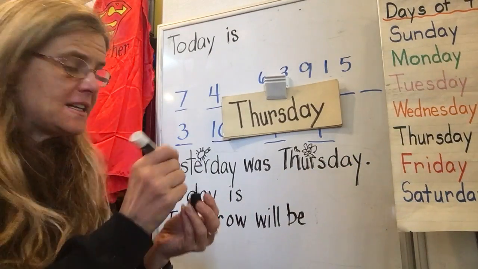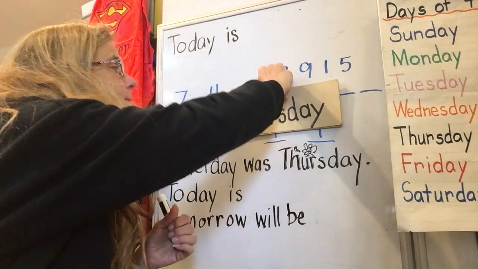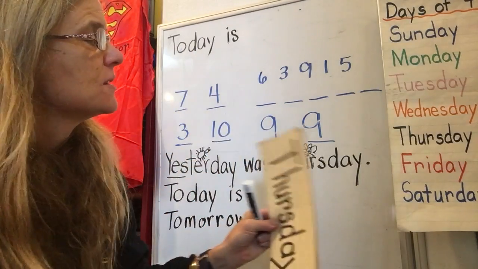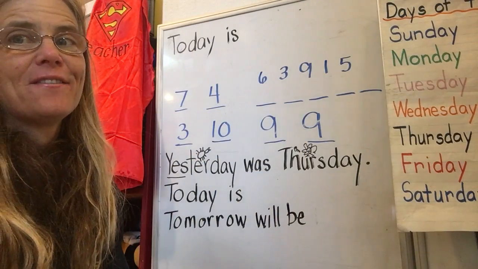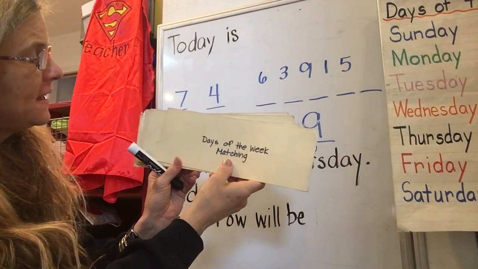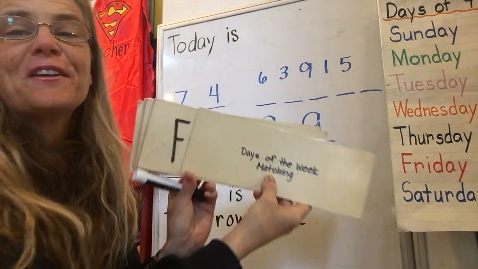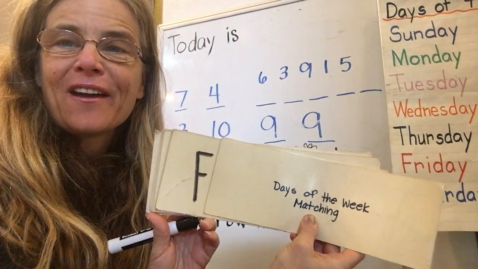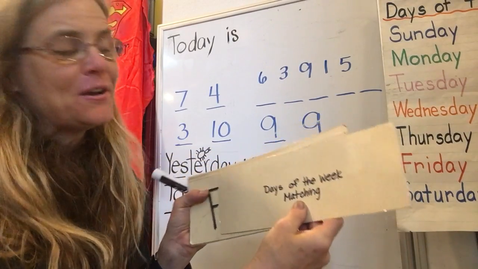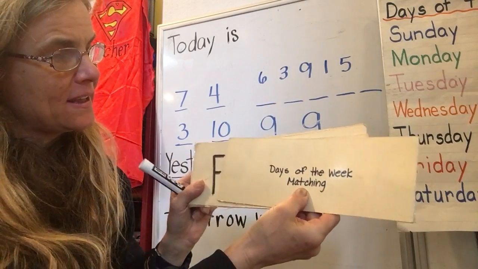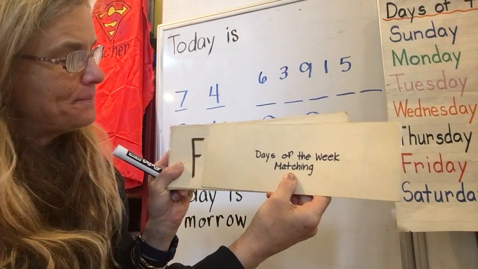So I'm going to find it on my smart cards. I know it starts with an F. Let's see if the next word is. Ready? Are there any other days of the week that start with an F? Nope. So we automatically know that since these are days of the week, this is my matching game.